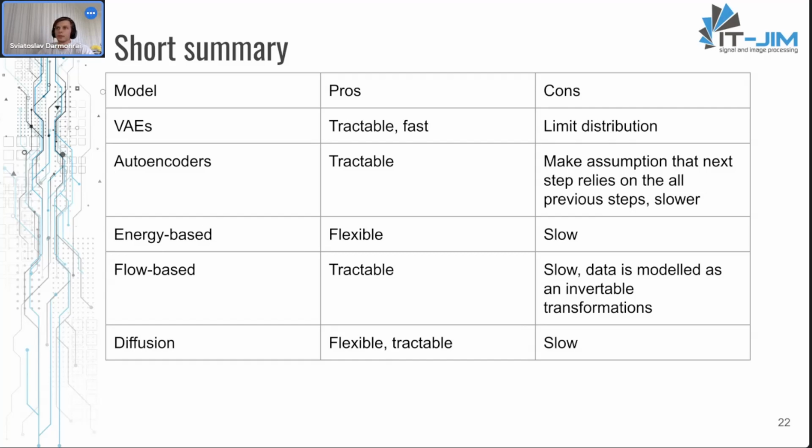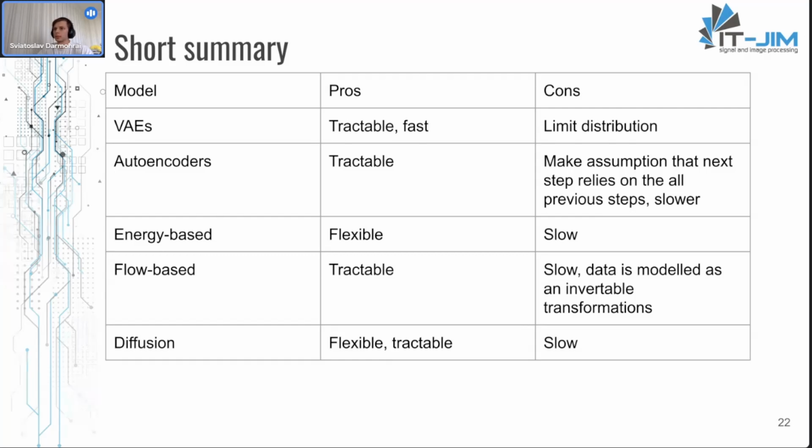Flow-based models I removed from here because I wasn't sure I would have time for them, but basically we learn some transformation f during the encoding pass, and during the decoding pass we just invert this transformation. So this transformation needs to be invertible.